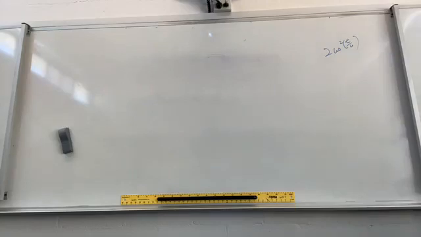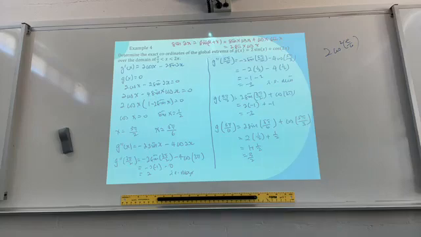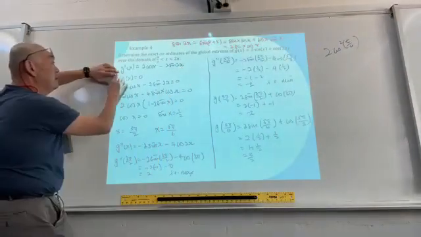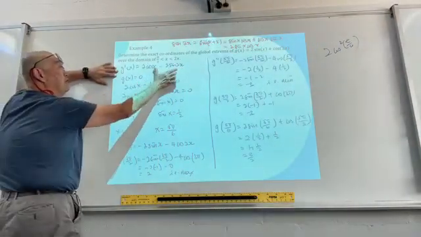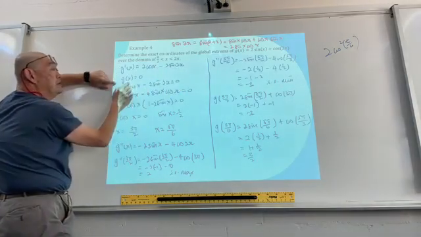The last question again involved what you learned last year, because when you find the first derivative, you have 2 sine 2x. You need it to be 0.